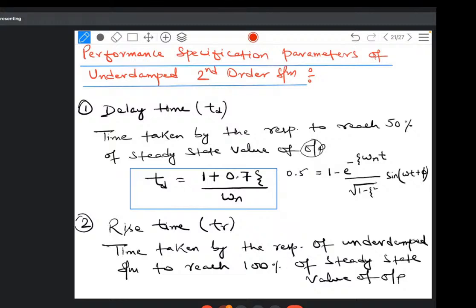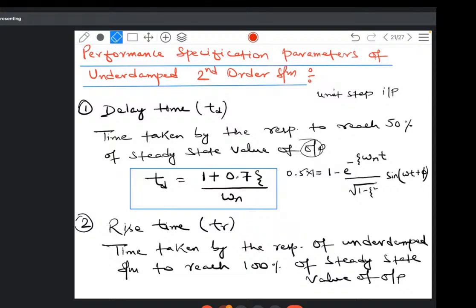What is the steady state value of output? Since you are taking a unit step input, at steady state the value of the steady state output and the steady state input is the same, so it is equal to 1. So 0.5 into 1 at this point.